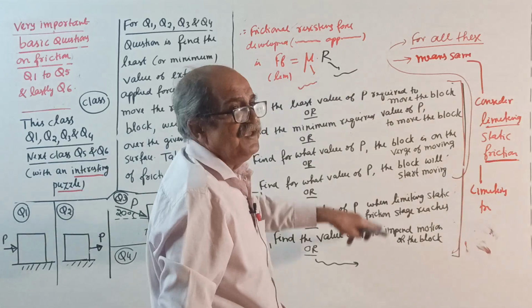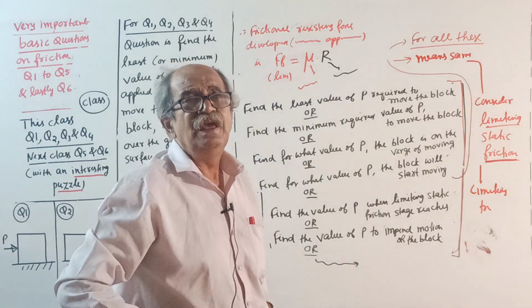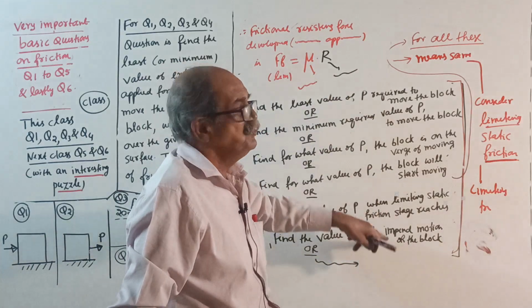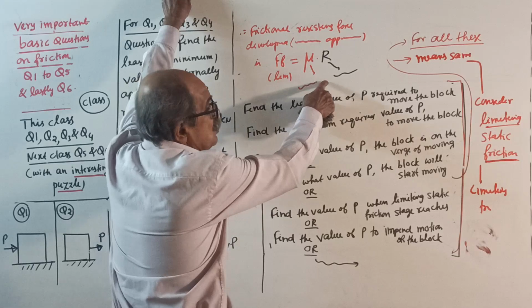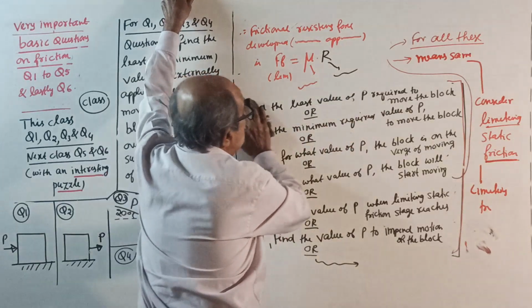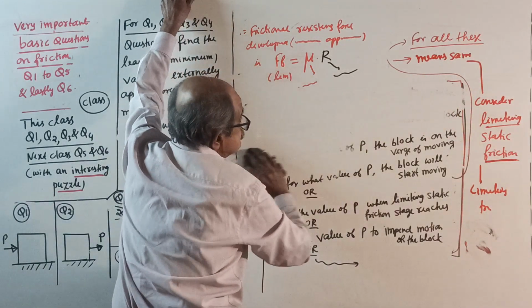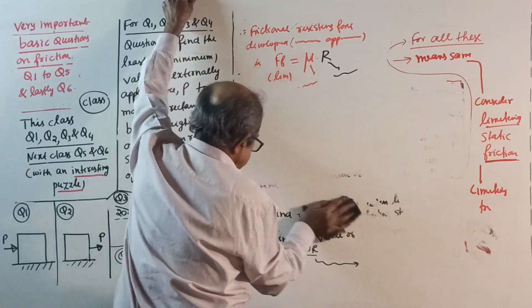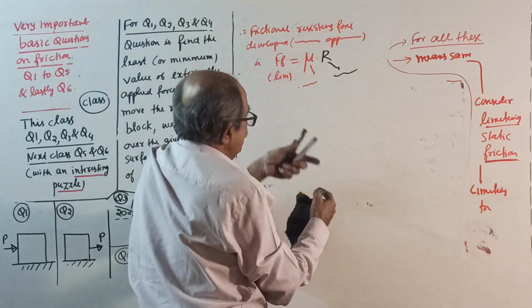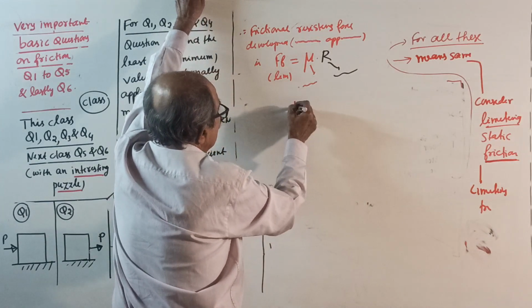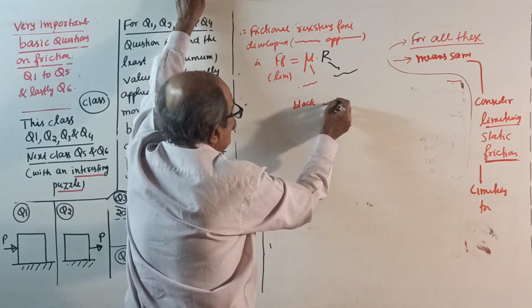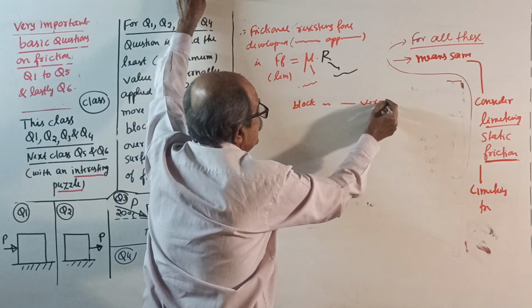So all mean the same, find the value of P. See, different languages used here, everything's meaning is the same. So F_F equal to mu R. Now, one more statement here, see. Therefore, you write here, the block is on the verge of moving.